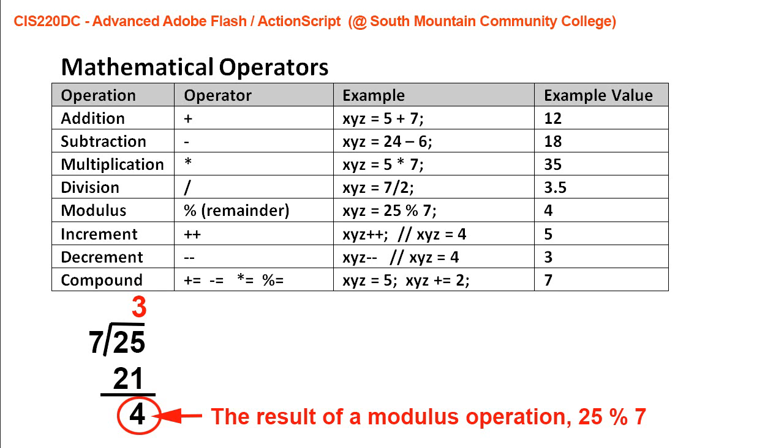If we had a minus equals, xyz would become 3. We could use the multiplication symbol. So if I had xyz equals 5 and then xyz *= 2, xyz would now be 10. And I can also use a modulus operation on that, combining that into a compound expression.